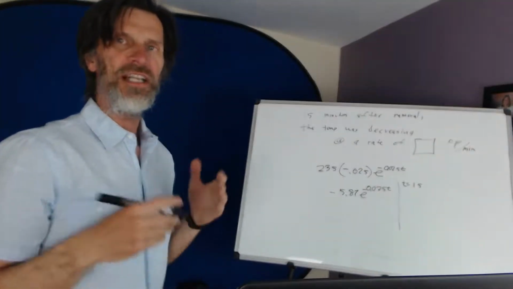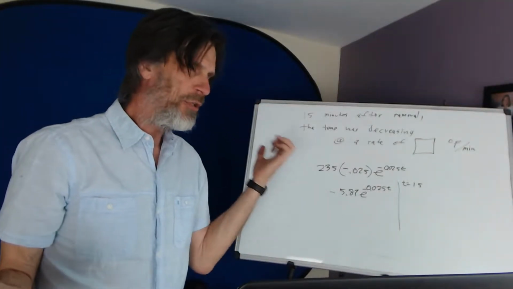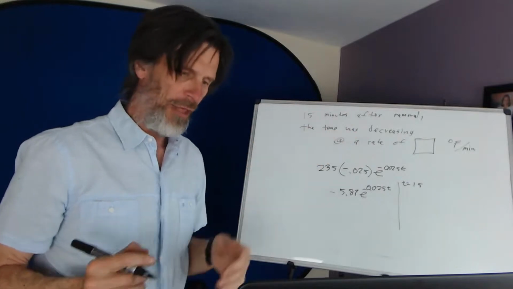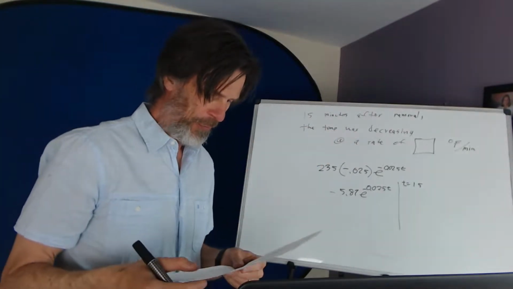The original function tells us what the temperature is. The derivative tells us how quickly that function is changing value.